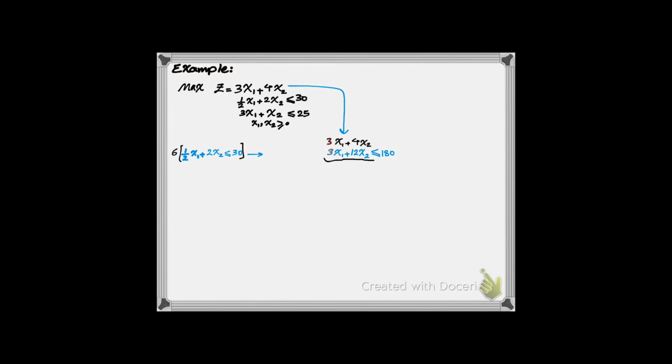Also, you notice that 12 is greater than 4. So because the coefficients of x1 and x2 in the constraint are greater than the coefficients in the objective function, and knowing the fact that both x1 and x2 are always positive values, I can conclude that this term is always greater than or equal to my objective function.